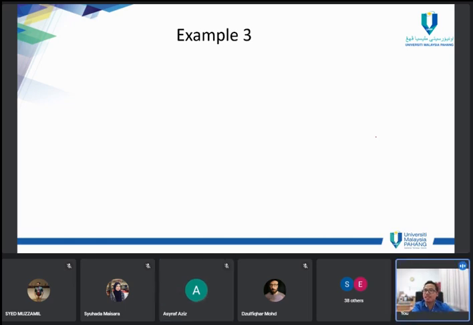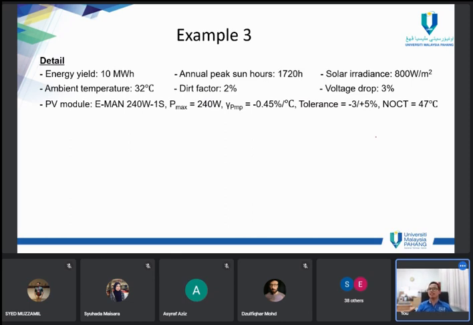Let's try to do example 3. Okay. This time we give you a lot of parameters. But we haven't gone yet to the example of the PV module datasheet and so on to show the values. But we do example 3, and I hope at this level you know at least the calculation and what the related parameters are. Then after that you're going to extract manually from the datasheet.